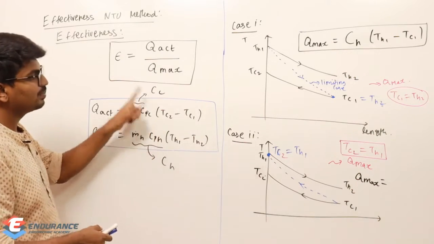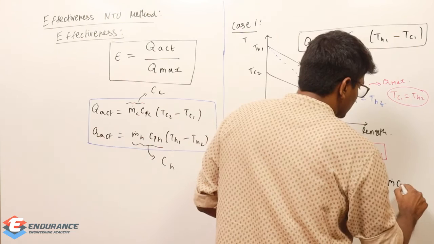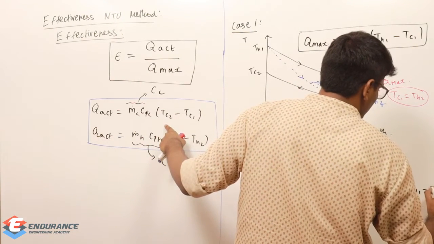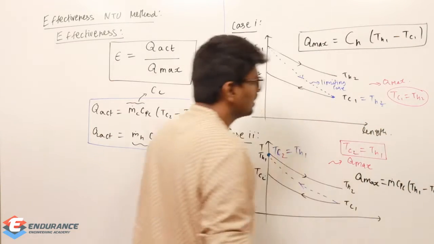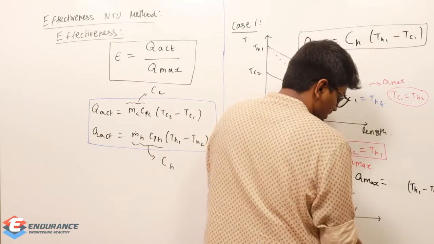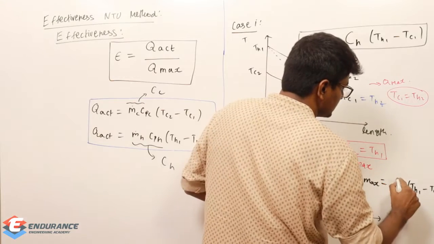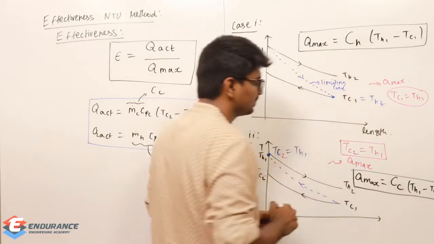So m dot Cpc into TH1 minus TC1. Now, instead of writing m dot Cp again, I'm very sorry, let me replace it with capital CC.